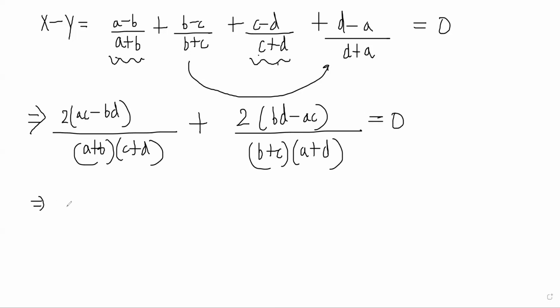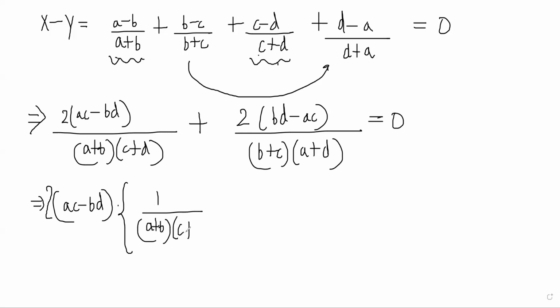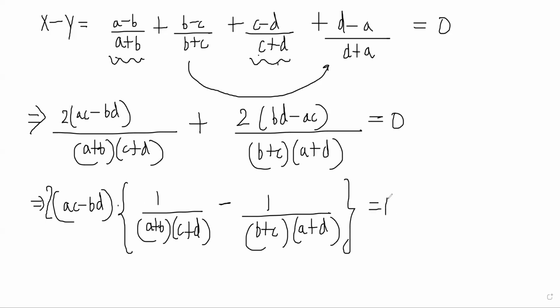Now taking twice of AC minus BD common, you will get 1 over A plus B, C plus D minus 1 over B plus C, A plus D is equal to 0. And let's simplify this also.